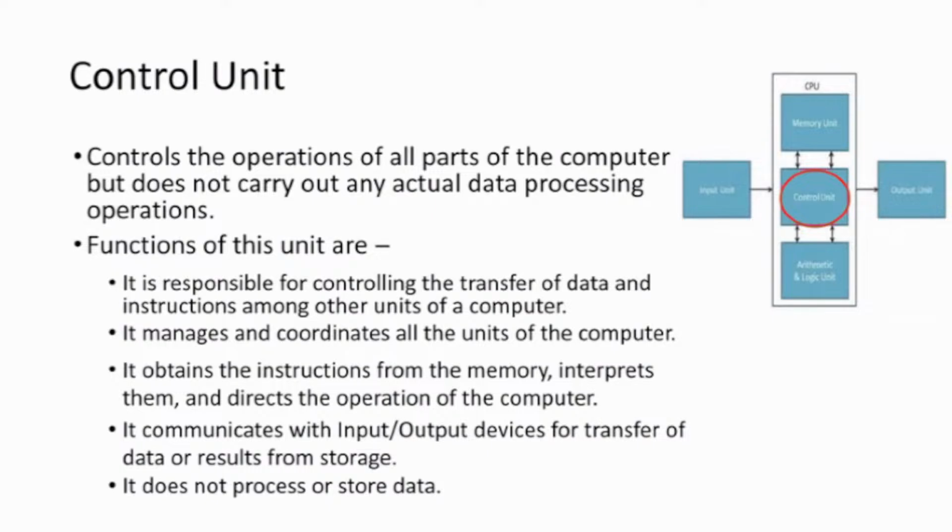Then it communicates with input-output devices for transfer of data or results from storage. That means after we save our information, we transfer it to an external hard drive or external pen drive.